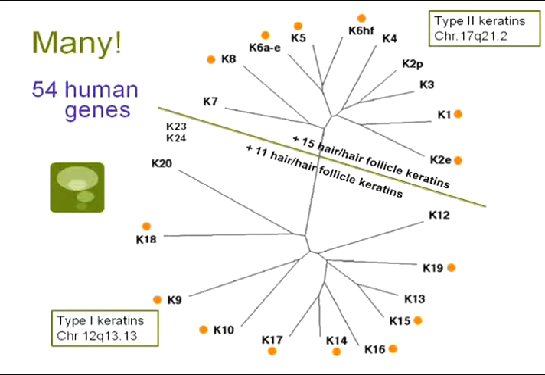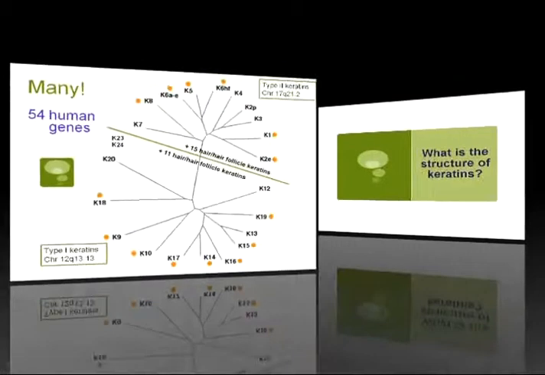And the genes for these types are clustered on two different chromosomes, on the long arm of chromosome 12 and 17. What's shown here are the keratins that are expressed in the skin, hair, nails, and other epithelial cells. But in addition to that, there is an equal number of proteins that are found in hair and hair follicles, so the number of genes is even larger than that.